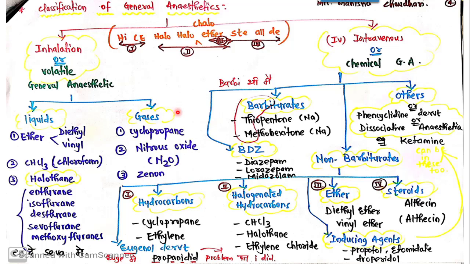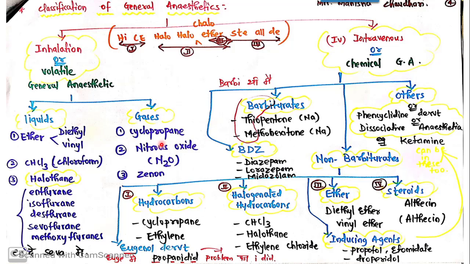Then gases. The other subclass from the inhalation class of general anesthetics, based on the route of administration, is gases. You very well know the gaseous form, cyclopropane. The structure is very simple and it is repeatedly asked in the exam. Cyclopropane: cyclo means cyclic form, propane means 3 carbons.